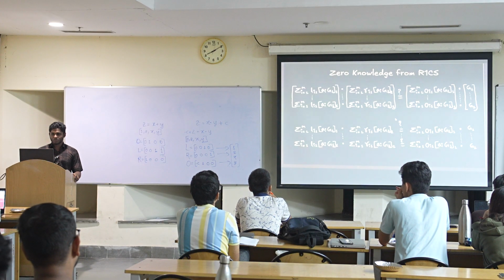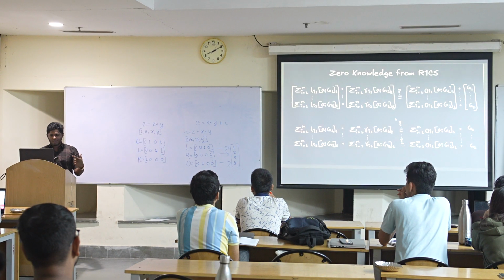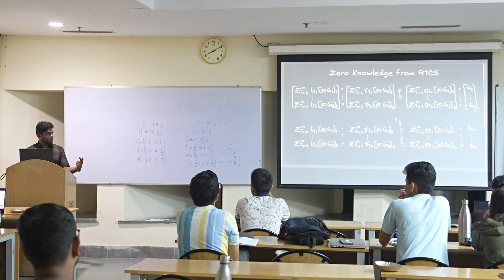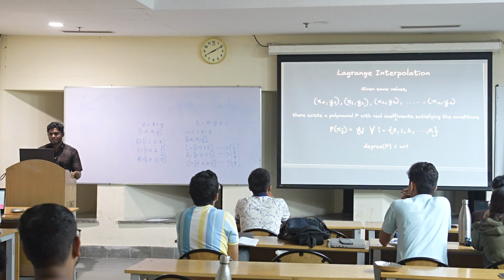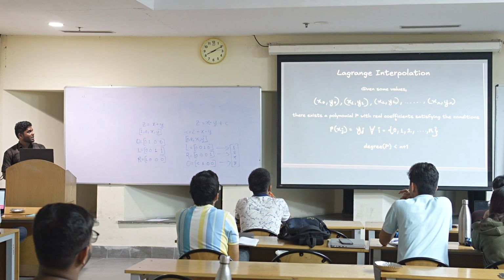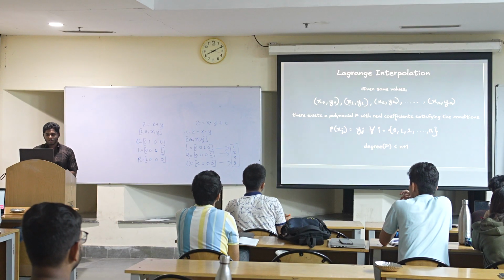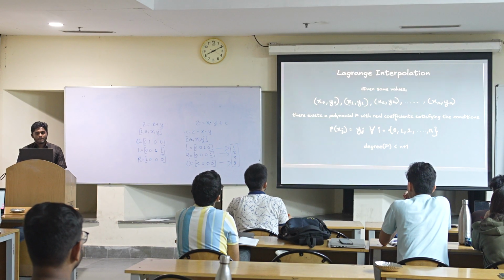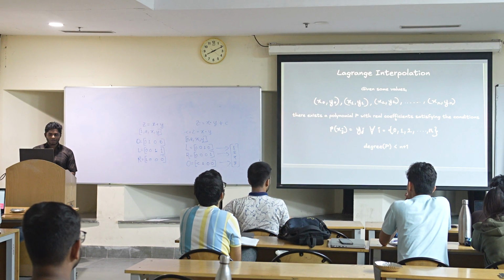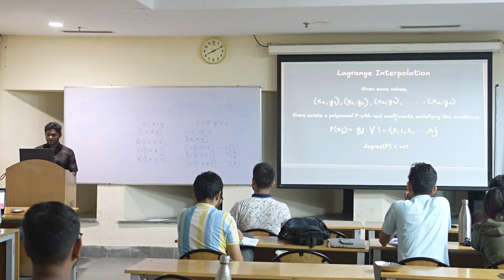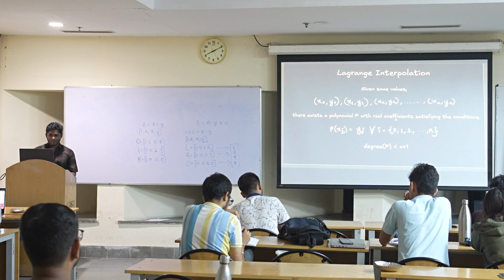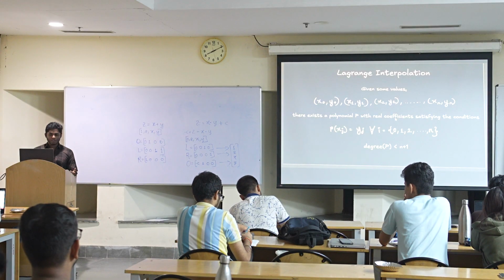So now let's construct a succinct proof. For this we need some prerequisite mathematics. Lagrange interpolation, I think we covered it, right? Lagrange interpolation was covered. Yes, still I'll repeat it. Given some points x naught, y naught, we have n plus 1 points.